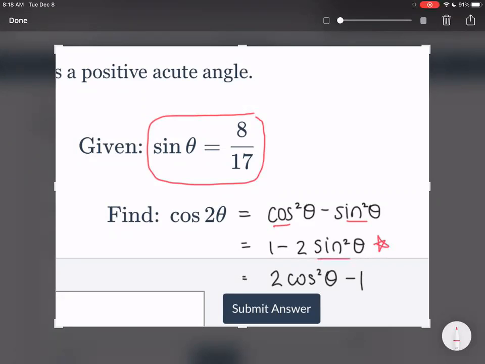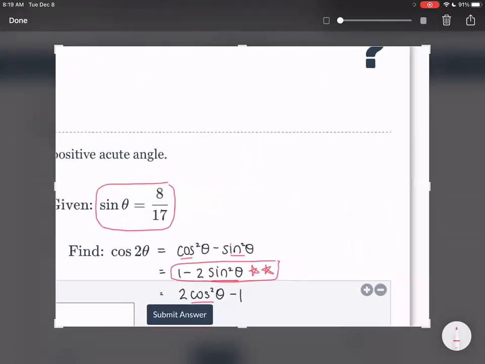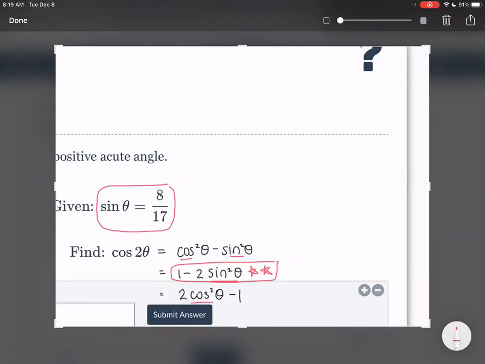The second formula only uses the sine, so that's less work already, and the third one uses cosine only. So the easiest one for us to use would be the second formula because it's only using sine. So let's use that second formula. I'm going to circle it. I'm going to write it on the side here because that's where I have more space.